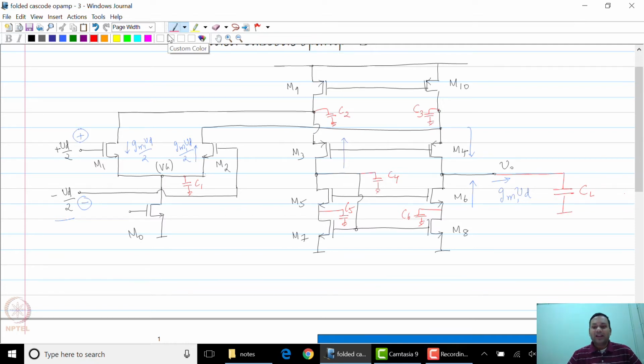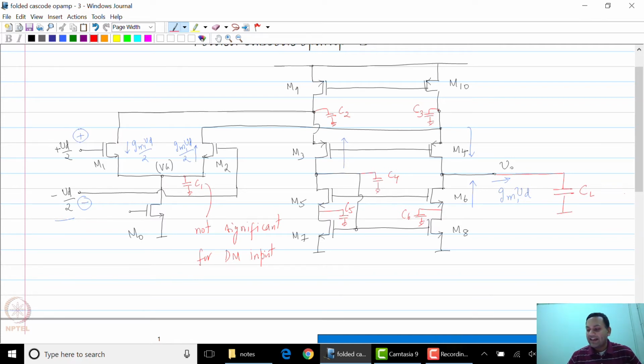For example, capacitance C1 will not be significant for differential mode analysis. This is because the common source node of M1 and M2 is going to be a virtual ground. It's going to be a small signal ground for a differential input.